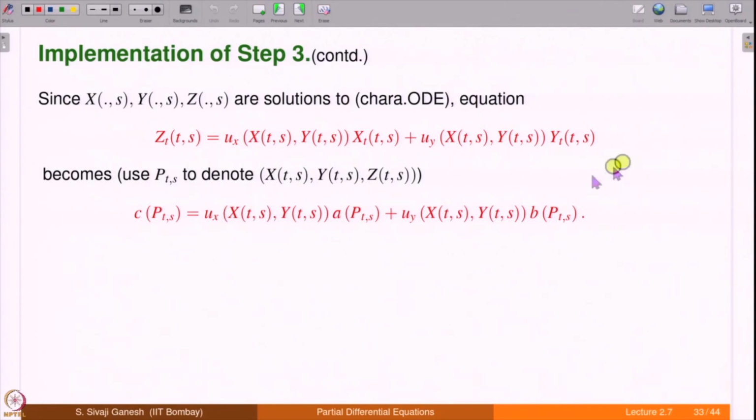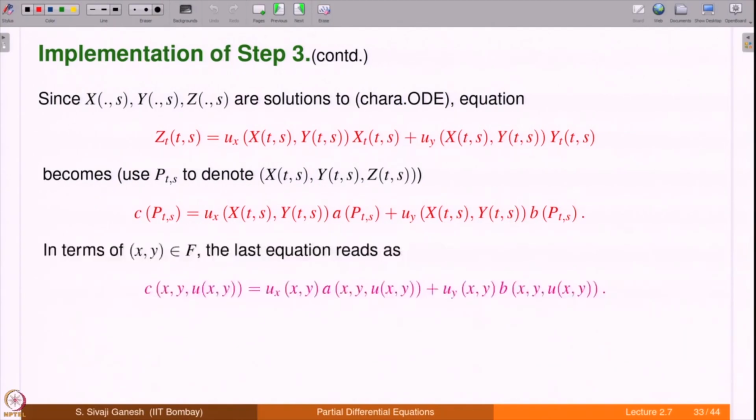Just to make the notation short, I am using (x(t,s), y(t,s), z(t,s)) as p(t,s). Now, zt is c at (x(t,s), y(t,s), z(t,s)), but now it is p(t,s). ux is as it is, xt is a at (x(t,s), y(t,s), z(t,s)), now it is a of p(t,s). Similarly, the other term, we have this.